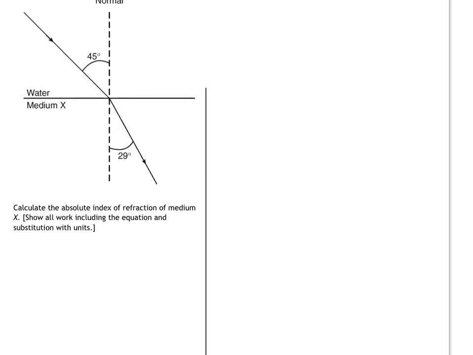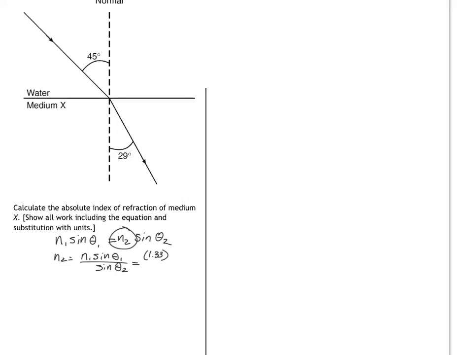I suggest thinking about this one in terms of Snell's law. And I'm going to think of n2 as being the absolute index of refraction for medium X. So algebraically, n2 is equal to n1 sine theta 1 over sine theta 2. Let me plug in the variables that I know. If n2 belongs to medium X, then n1 belongs to water, and water's index of refraction is 1.33.